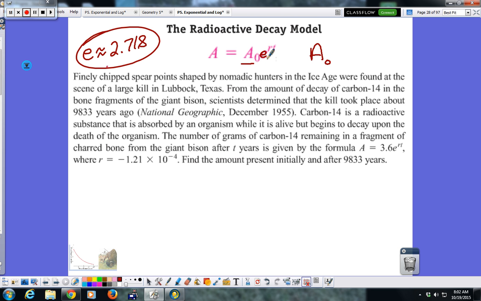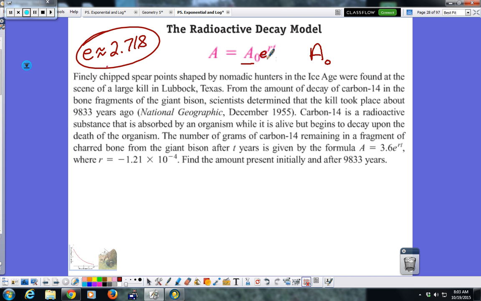Carbon-14 is a radioactive substance that is absorbed by an organism while it is alive, but begins to decay upon the death of the organism. The number of grams of carbon-14 remaining in a fragment of charred bone from the giant bison after t years is given by this formula, where r is that. Find the amount present initially and after 9,833 years.